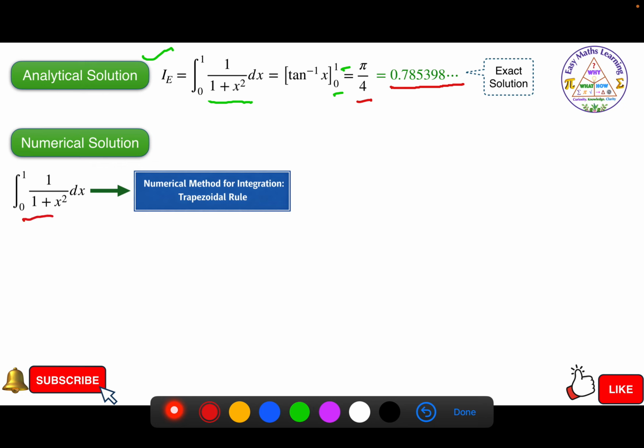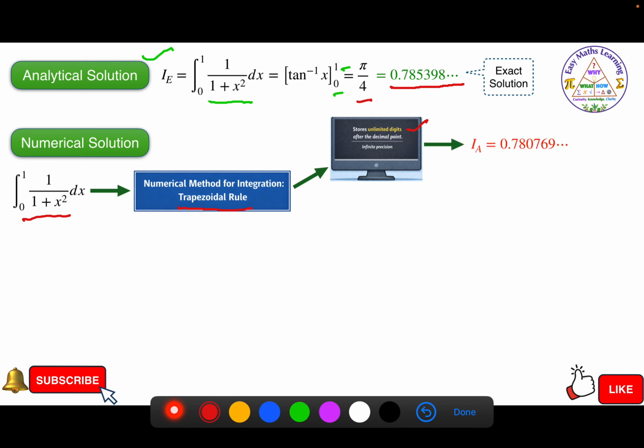Now we compute the same integral using a numerical method, that is trapezoidal rule, to find numerical solution. So using an ideal computer, means computer that stores unlimited digits after decimal point. That means it can store the value exactly without rounding or chopping.